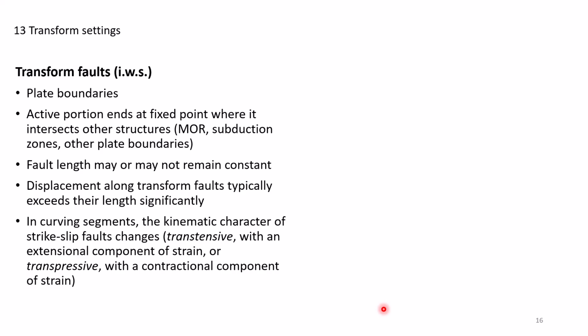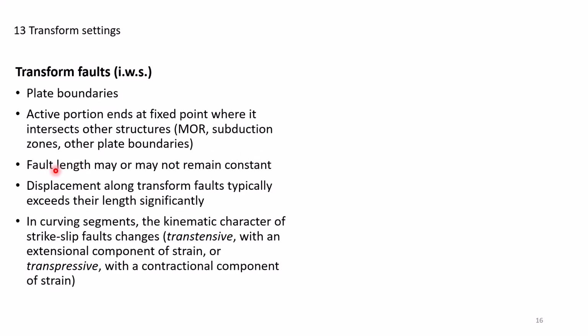So summarizing transform faults and transcurrent faults, if we are looking at transform faults, even in the wider sense, they are always plate boundaries. There is an active portion that will end at a fixed point where it will intersect with other structures, the mid-oceanic ridge most commonly, but also possibly a subduction zone or other forms of plate boundaries.